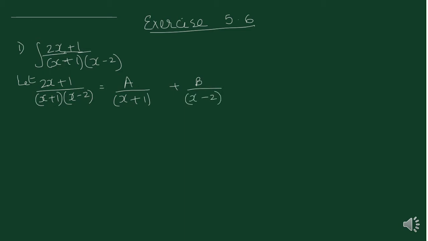Now we cross multiply, and thus 2x + 1 is equal to a into (x + 1) into (x - 2). Both the terms are cross multiplied with the denominator, and similarly the second term also, b into (x + 1) into (x - 2).